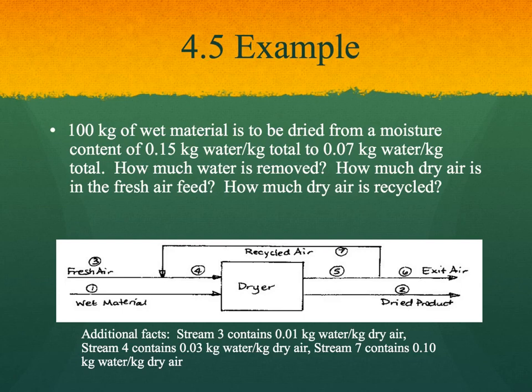It comes in fresh, containing 0.01 kilograms of water per kilogram of dry air. Okay, that's the air without the water in it. And it's going to go into the dryer with 0.03 kilograms of water per kilogram of dry air. And the recycle stream contains 0.1 kilogram of water per kilogram of dry air.